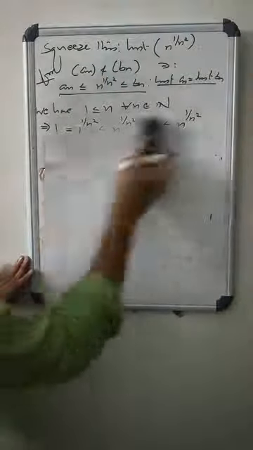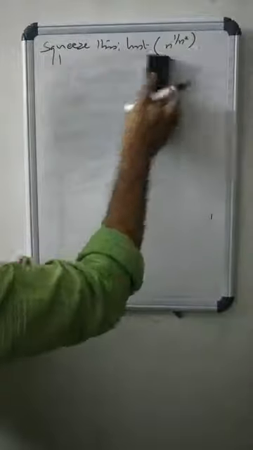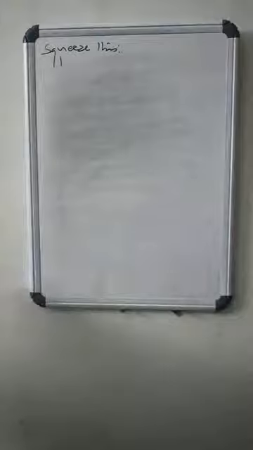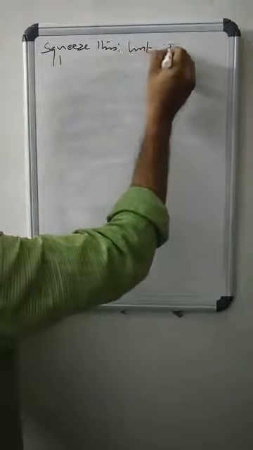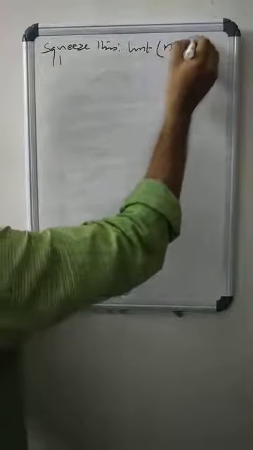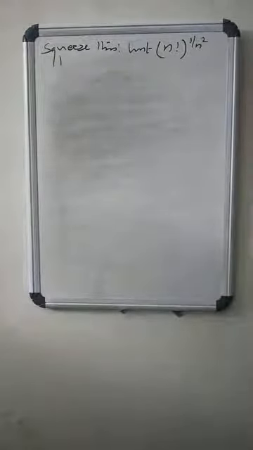So come to another one. Use the Squeeze theorem to find the limit of (n factorial) all power 1 by n square. Again, find the limit of the given sequence by using the Squeeze theorem.